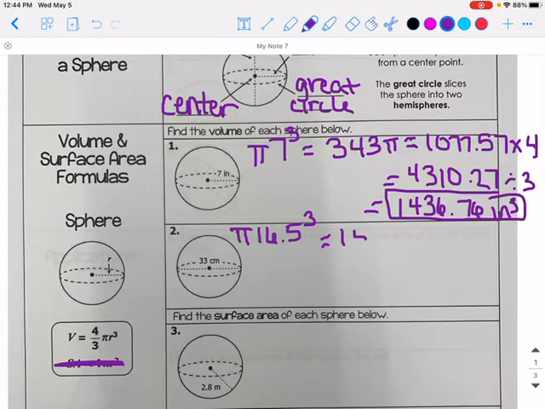is equal to 14,112.43, times by 4. And then lastly, divide by 3.